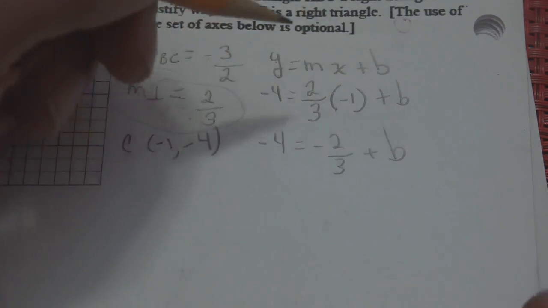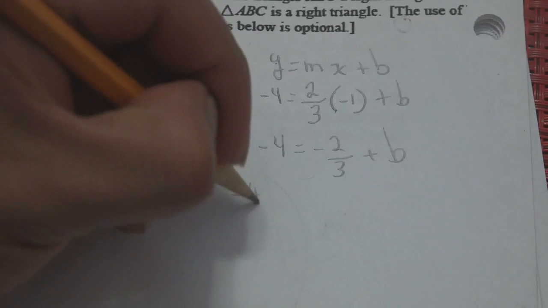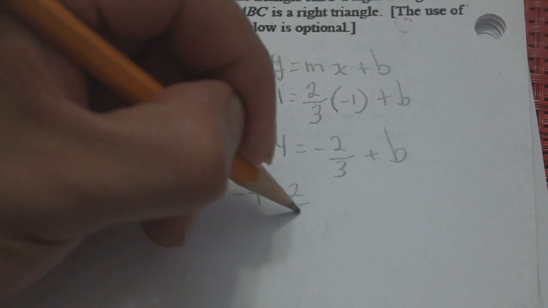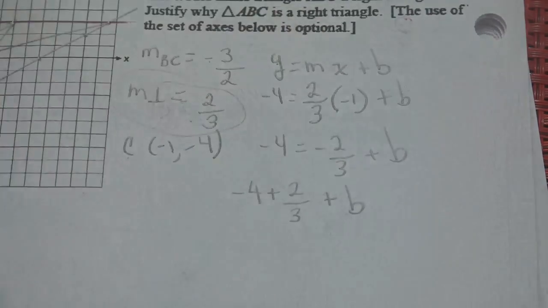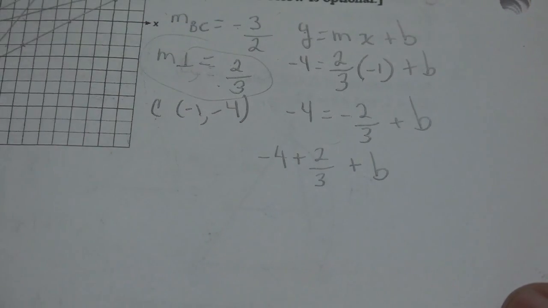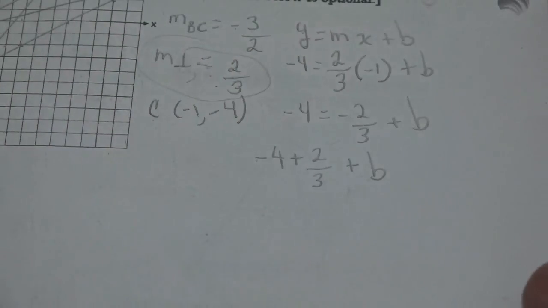Anyways, I'm gonna add 2 over 3 to both sides. So I'm gonna have -4 plus 2 over 3 equals b. Okay, so far so good. If it works out, it works out.